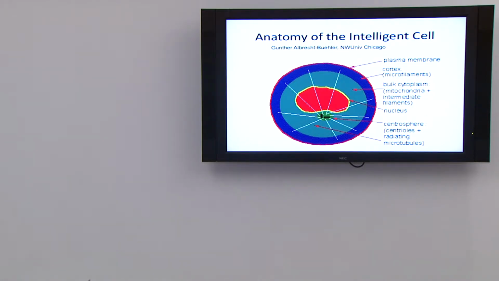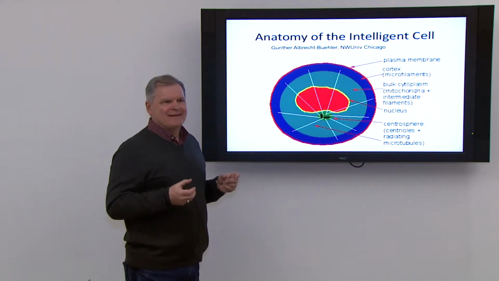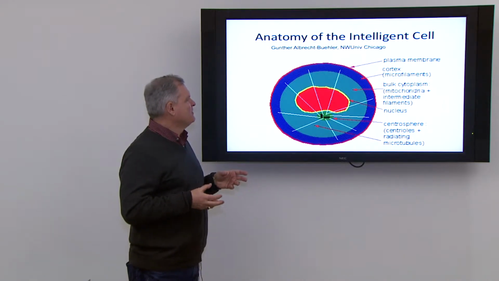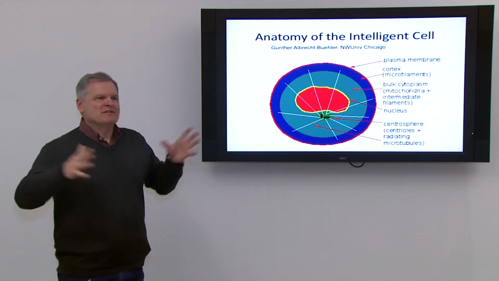And he specifically, so this is a cartoon illustrating schematically how he sees the cell. Of course, the membrane, which is the outer limit of the cell.